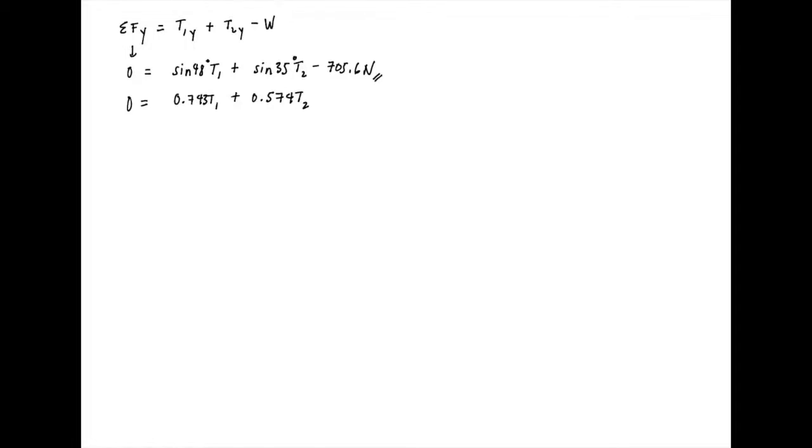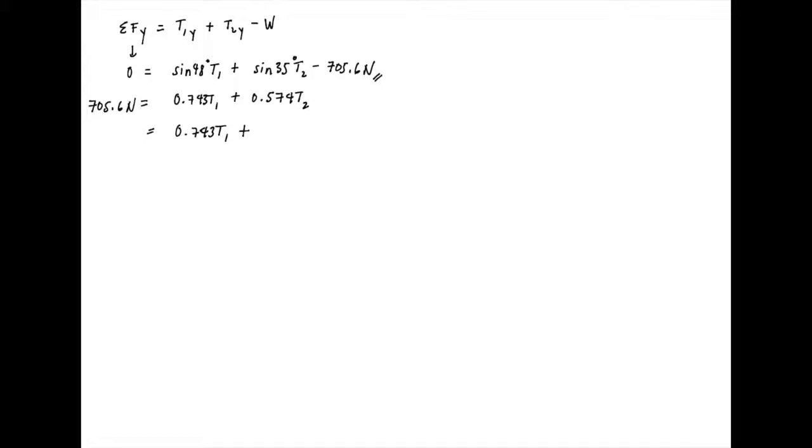So let me erase this first, the 0. Then 705.6 Newton. Next, we have here 0.743 T1 plus 0.469. So we have here 0.743 of T1 plus, however, what is the value of our equation 1?